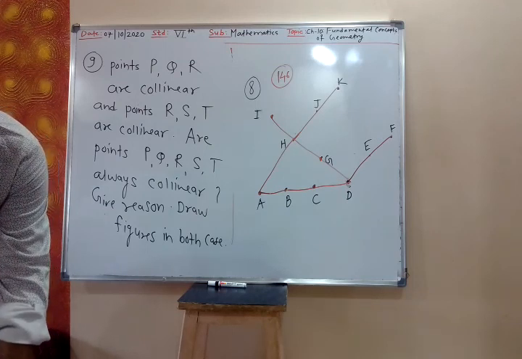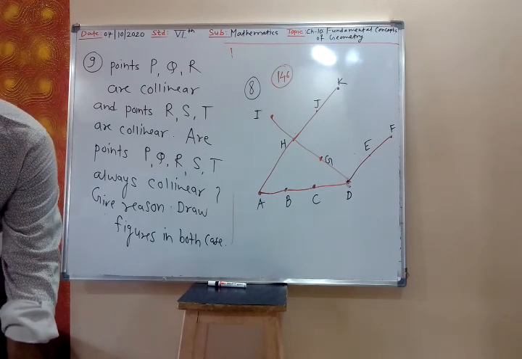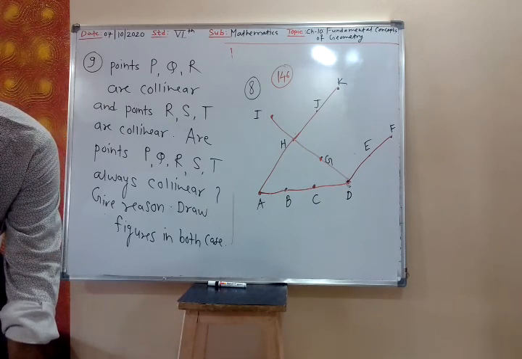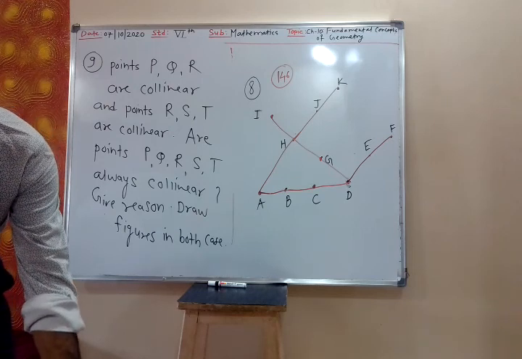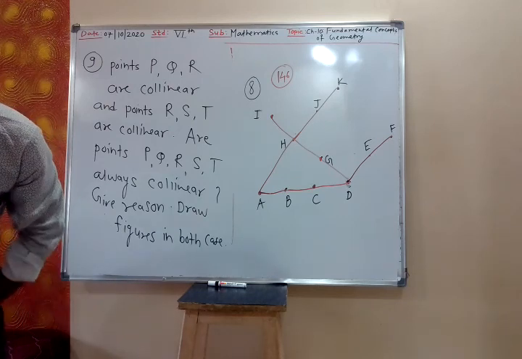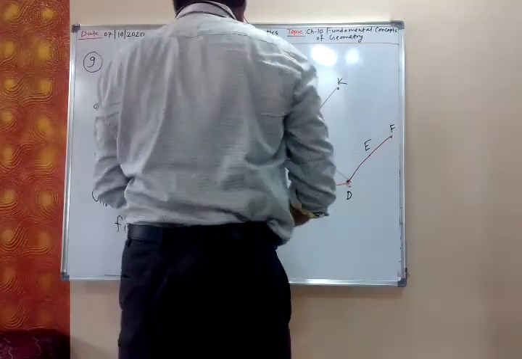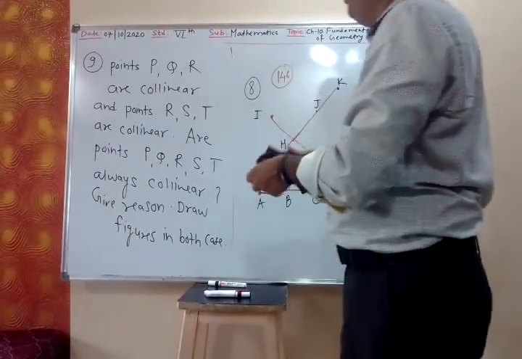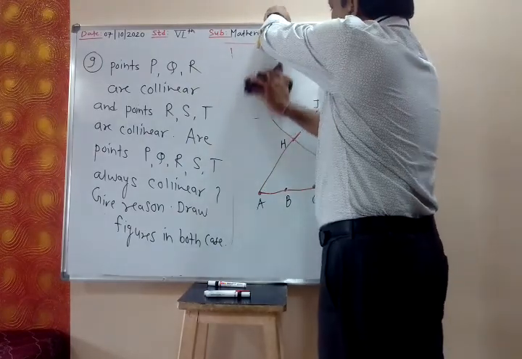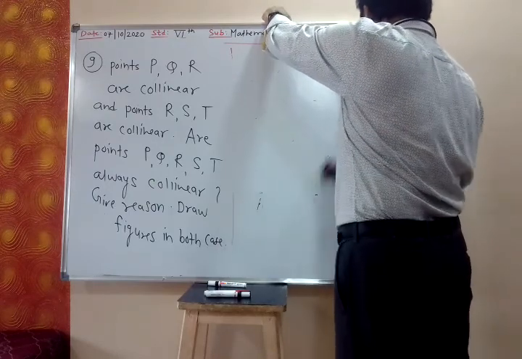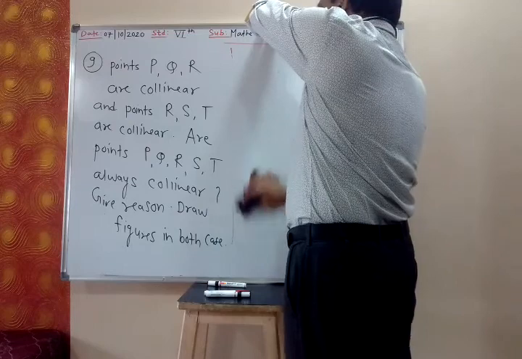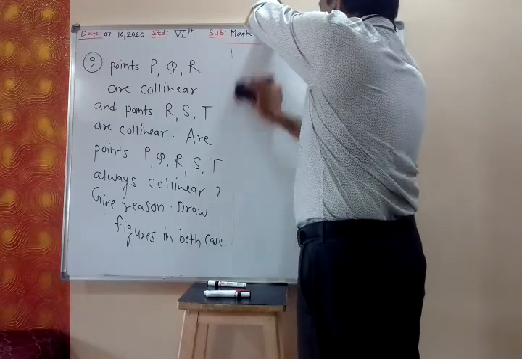That we have to explain. Now, points P, Q, R are collinear. Draw figures in both cases.